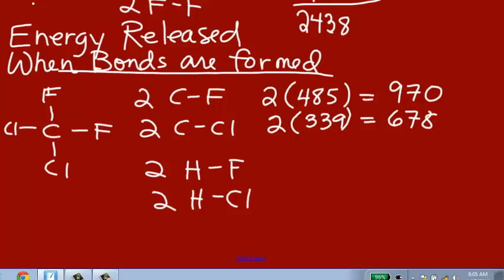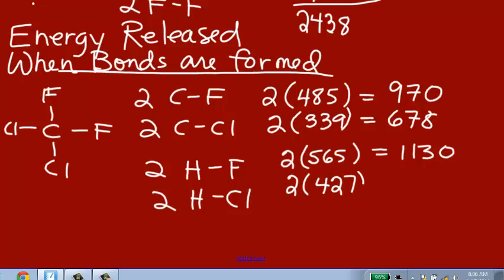And H to F is 565, which is going to give you, excuse me, 1130. And H to Cl is 427. Now, this is the energy released, right? That's the energy released. So we add all those up, and you should get 3,632.